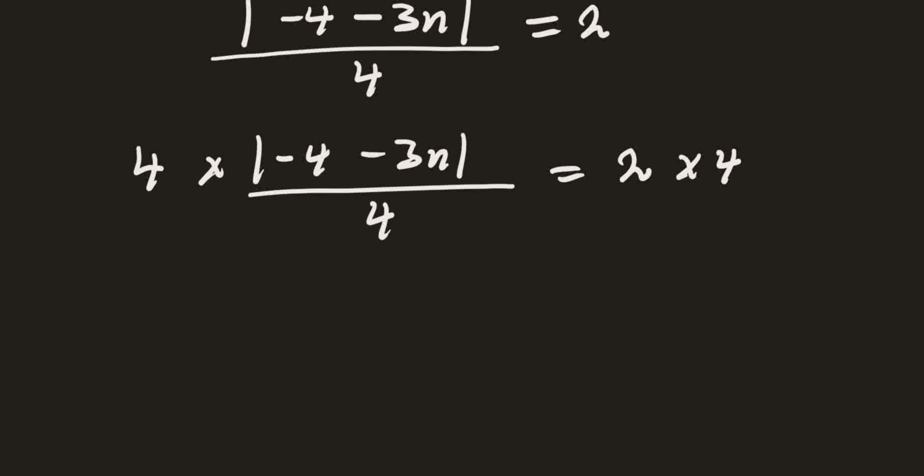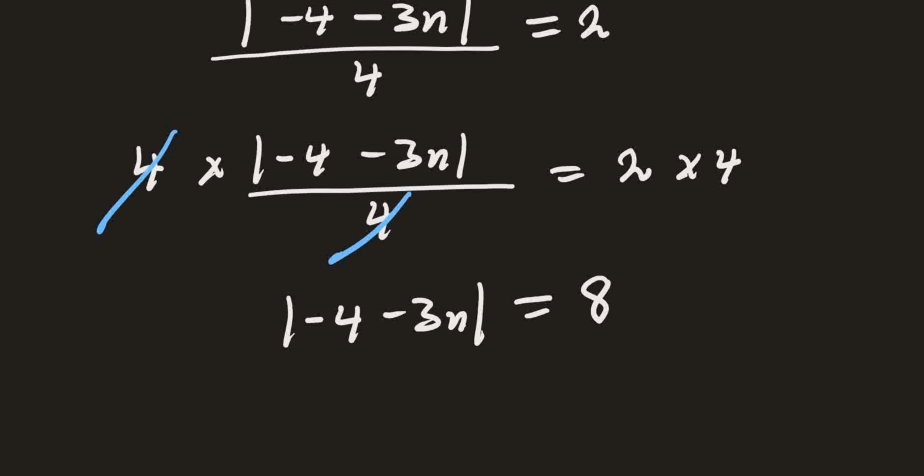Now this 4 can simply cancel this 4 from here. And now we have the absolute value of negative 4 minus 3n is equal to 2 times 4, and that is 8.